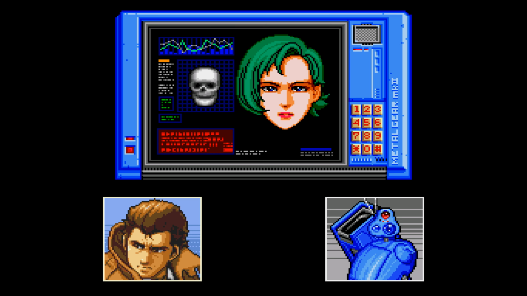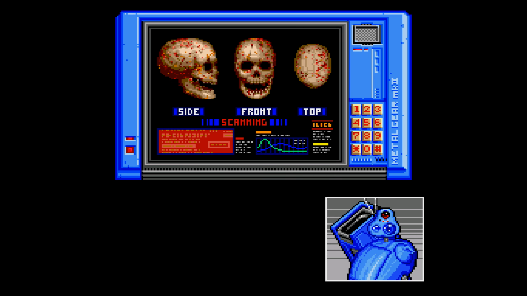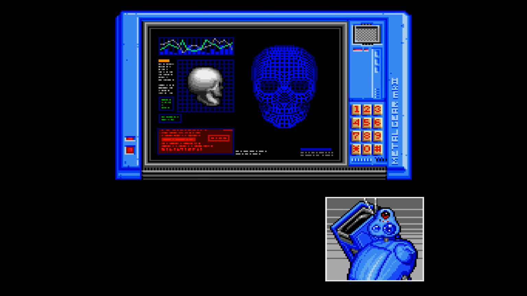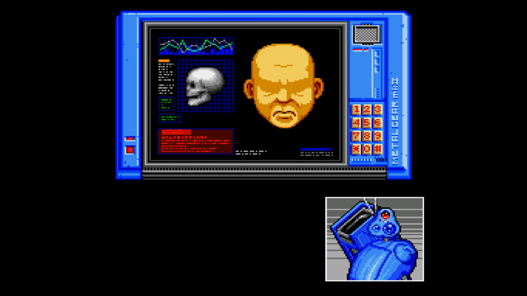Now commencing reconstruction of features of victim number 3. Now starting craniometric analysis. Complete cranial data now being compiled using the same techniques as the previous reconstruction. Craniometric analysis complete. Now commencing reconstruction. Reconstructing. Initial phase completed.